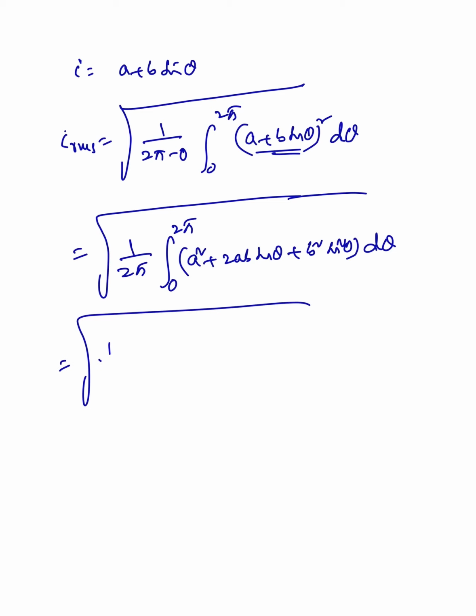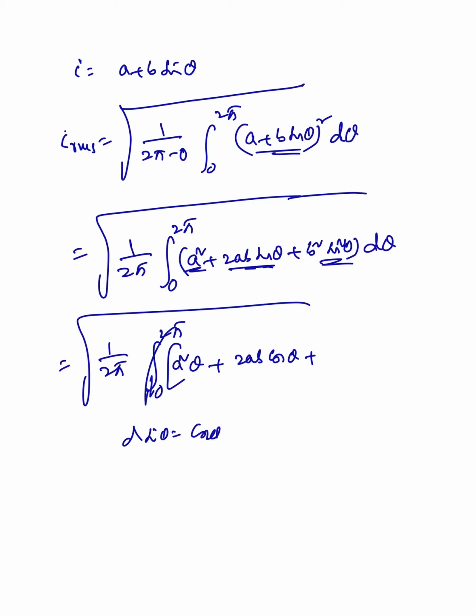Now this is 1 by 2 pi, 0 to 2 pi: a square integrates to a square theta. Then 2ab sin theta: the differentiation of cos theta is minus sin theta, so the integration of sin theta becomes minus cos theta.